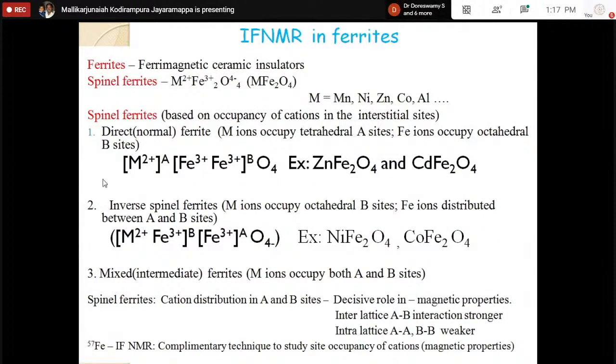What we are considering is ferromagnetic ceramic insulators. We have considered the spinel ferrites, which we usually write in this form: metal, iron oxides. That could be zinc ferrites, cadmium ferrites, or inverse spinel ferrites, nickel ferrites, or cobalt ferrites. These ferrite systems we can also measure using internal field NMR.